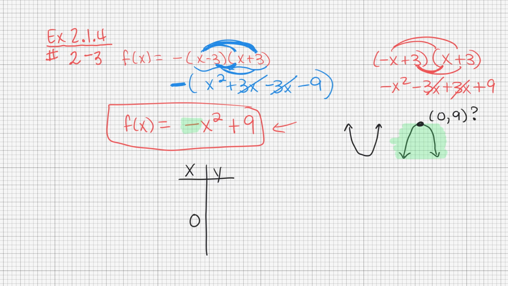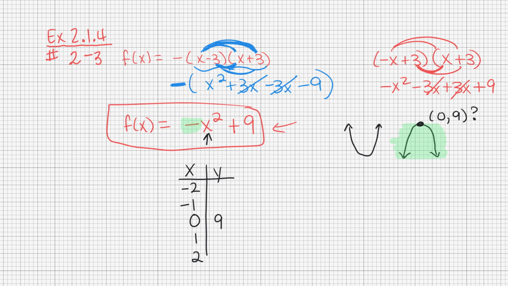So let's put a 0 for x, which would then give us 9 when we plug it in. So 0, 9, we're going to put that in the middle. What would be 2 x values before 0? Negative 1, negative 2. What would be 2 x values after 0? 1 and 2. Okay, so let's substitute those in and see what happens.